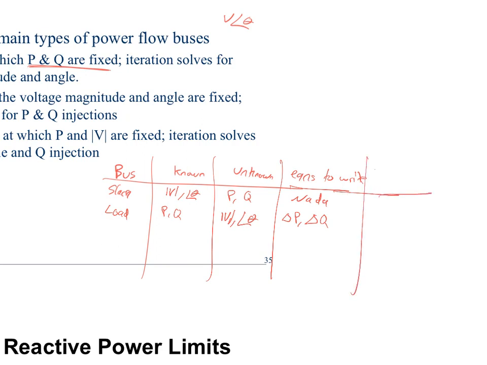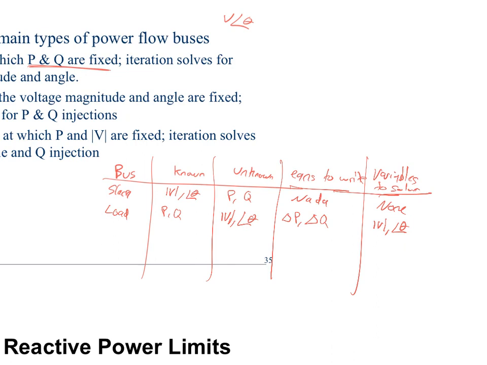Let's add one more, which is our variables to solve. None for the slack bus, right? If we can't write any equations, we can't solve for any variables because we have no equations to solve for. So in this case, the variables we're going to solve for are the magnitude of V and the angle theta. Okay? Hopefully this will make a little more sense when we look at the next bus type as to why I added the variables.